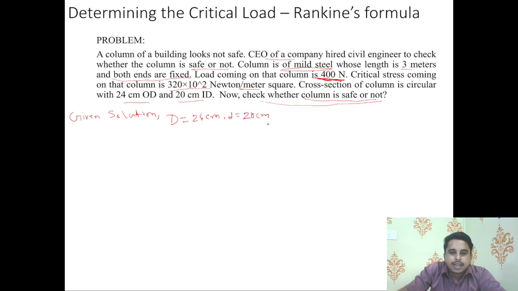The length of the column is 3 meter, so in centimeter we need the value: 3 into 100, that is 300 centimeter. Critical stress, sigma C, is equal to 320 into 10 to the power 6 per square centimeter.